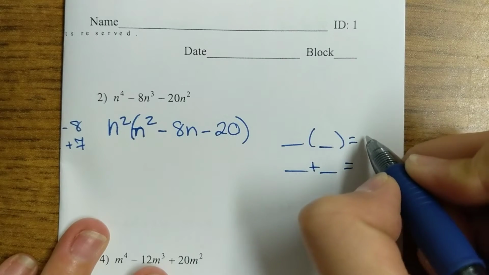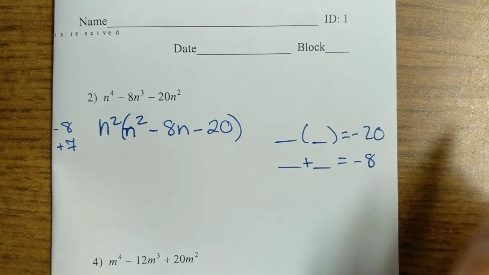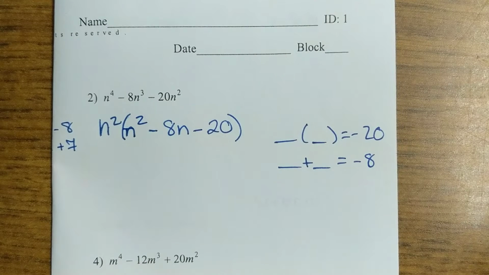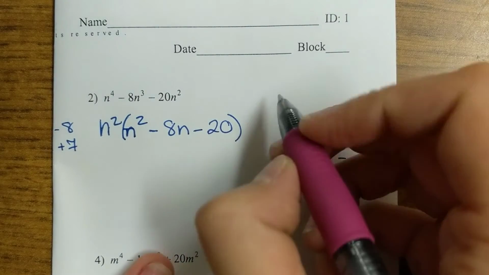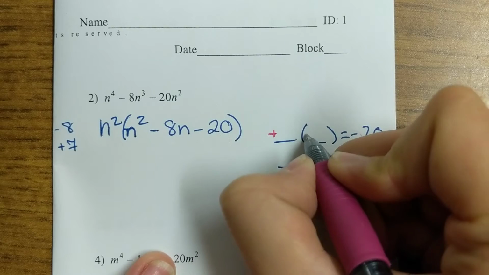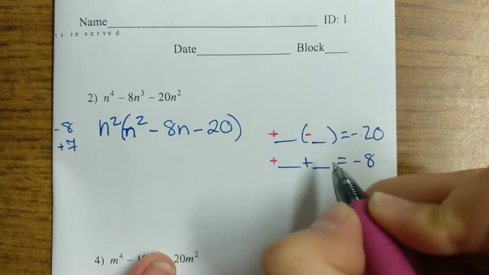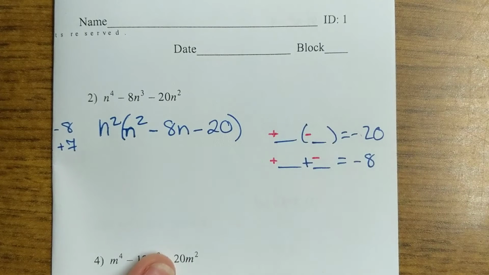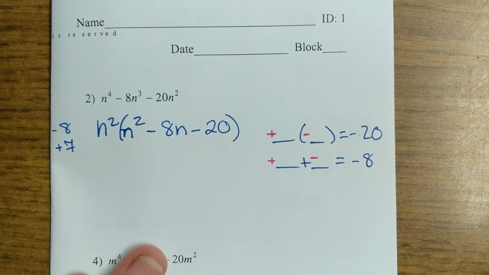Two things need to multiply to be negative 20 and add or subtract to give me negative 8. To multiply to give you a negative, one of them is positive and one of them has to be negative. Okay, so we already know one is positive and one is negative. And so 10 and 2 looks like the best option to me.